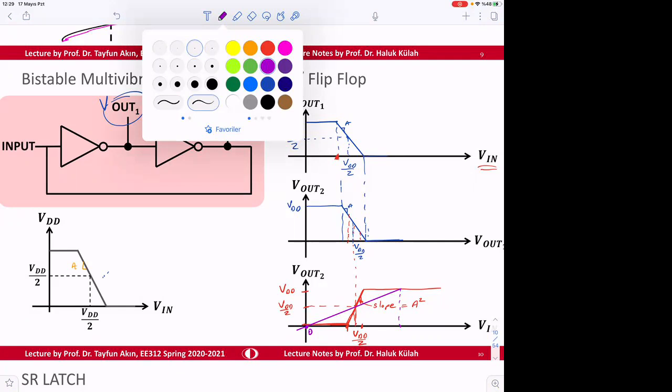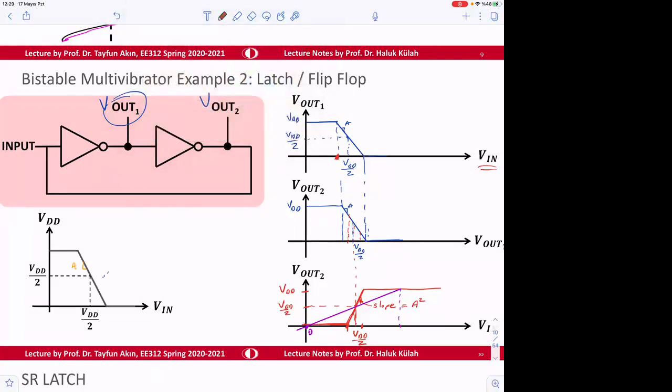In this device, if the input is 0, this is going to be 5 volts. This is going to be 0 volt again. So output will remain in here. So this will be a stable state. One of the stable states is input is 0, output is 0.